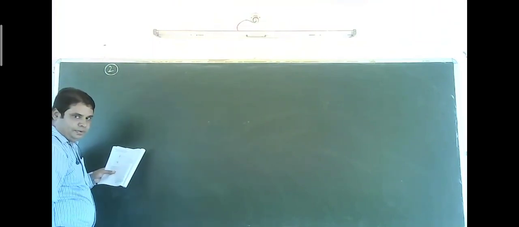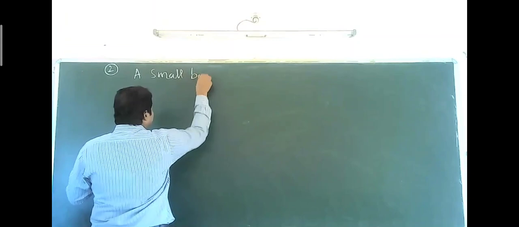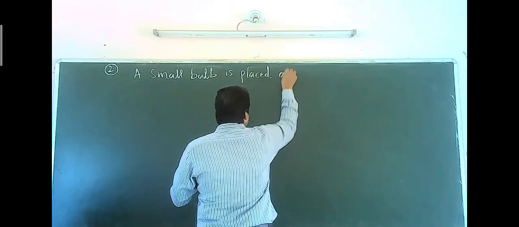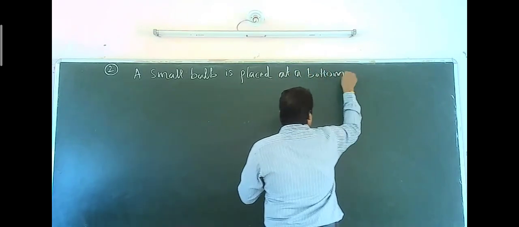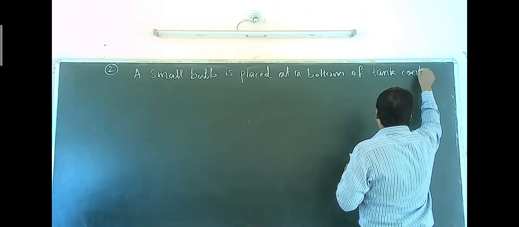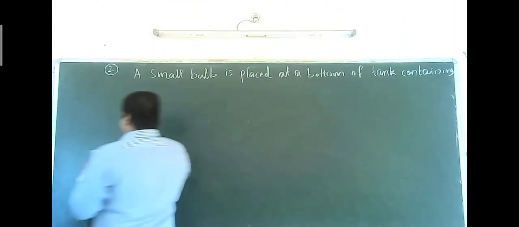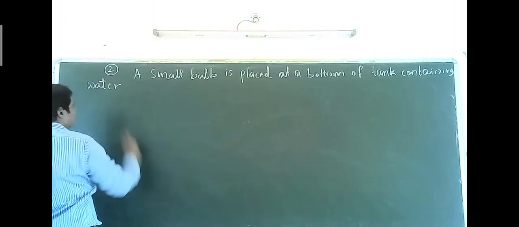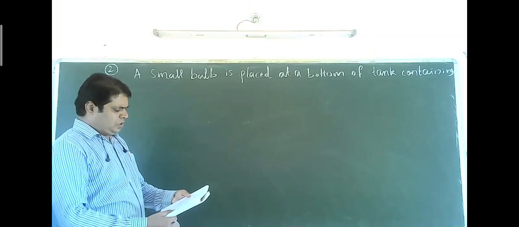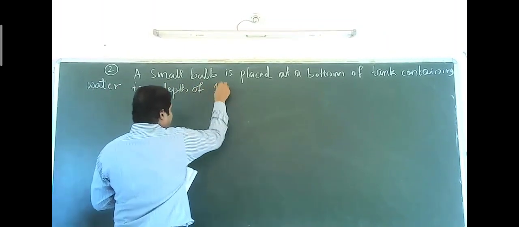I will write it. A small bulb is placed at the bottom of a tank containing water, to a depth of 1 meter.